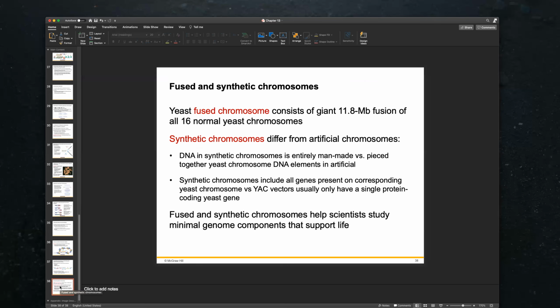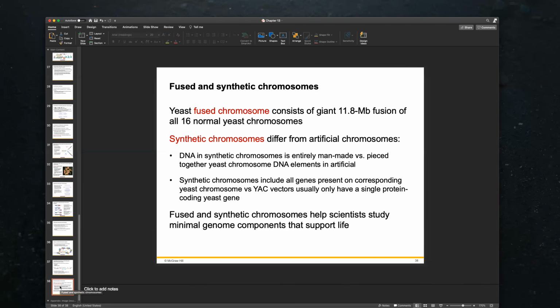Yeast fused chromosome consists of a giant 11.8 megabase fusion of all 16 normal yeast chromosomes. They took all these 16 normal yeast chromosomes and fused them together into one. Synthetic chromosomes differ from artificial chromosomes. Synthetic chromosomes are entirely man-made, whereas with artificial ones you're piecing together actual chromosomes from yeast.